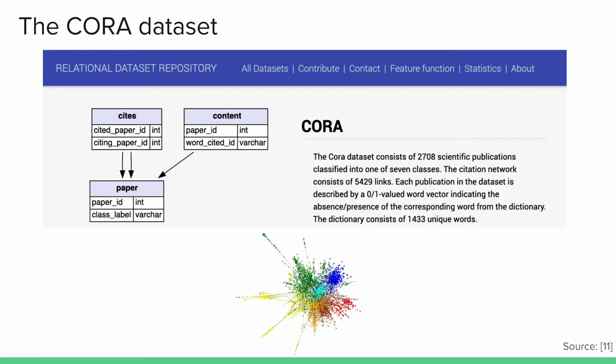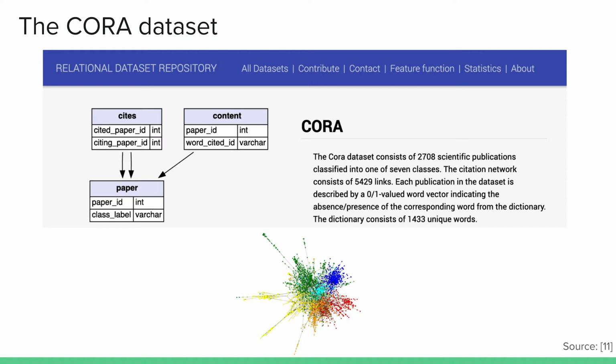Enough talking, let's have a look at some code. Let's try to classify papers with graph neural networks on the CORA dataset. Before we jump into it, I just want to say a few words about the CORA dataset itself. The CORA dataset consists of 2,708 publications, so it's a dataset about published research, and published research typically has the tendency to cite other research.